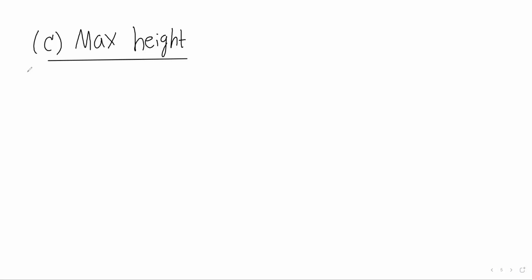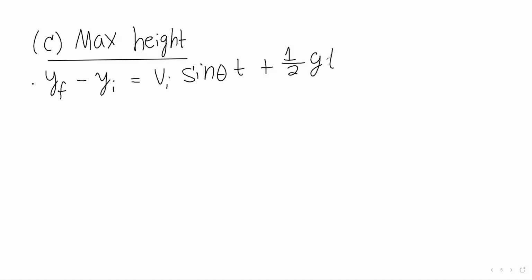So we can do y final minus y initial equals vi sine theta t plus 1/2 gt squared again.